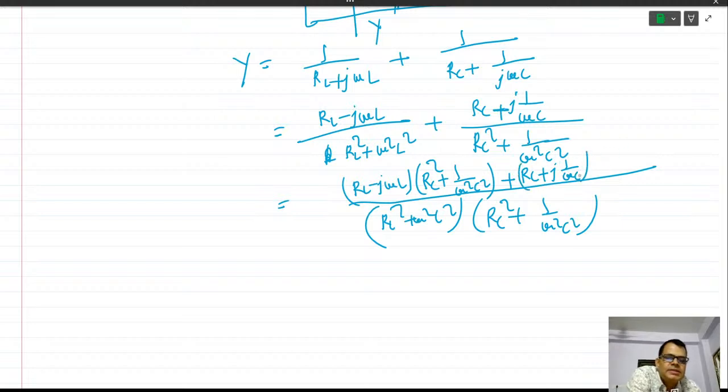RC means the series resistance of the capacitor.